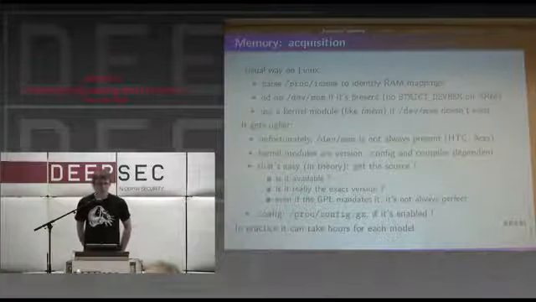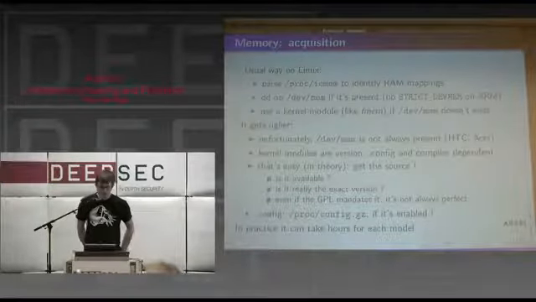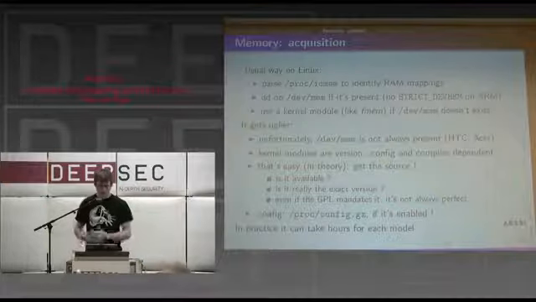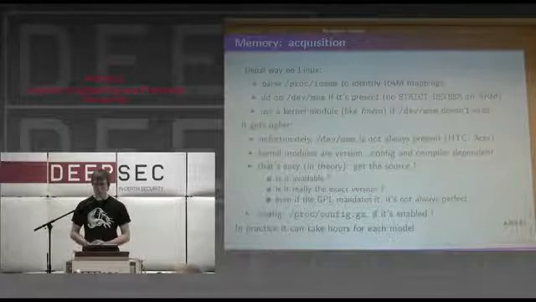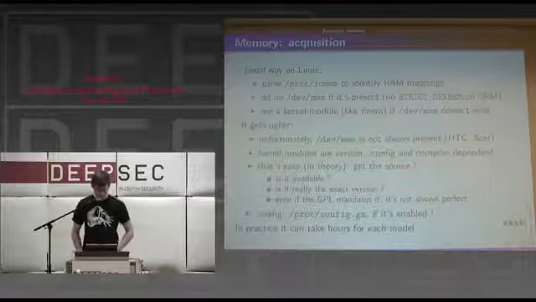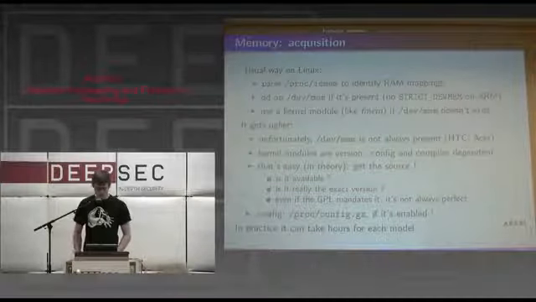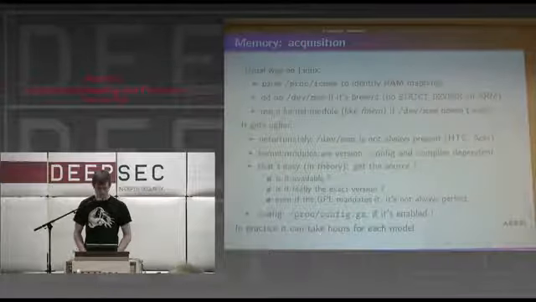On x86 it's not really present anymore, and you get strict devmem. But on ARM there is no strict devmem, so if there is devmem, you have no problem. And if devmem does not exist, you just load your own module that will recreate it. Unfortunately, devmem is not always present, so you have to find a way to load your kernel module.